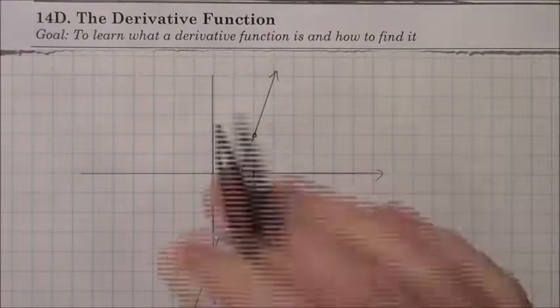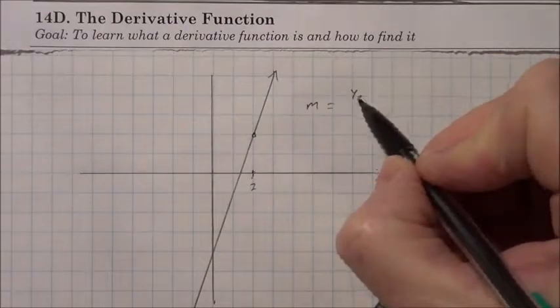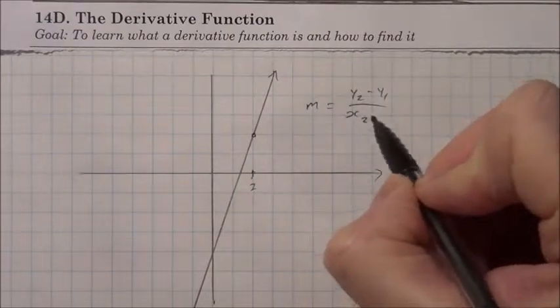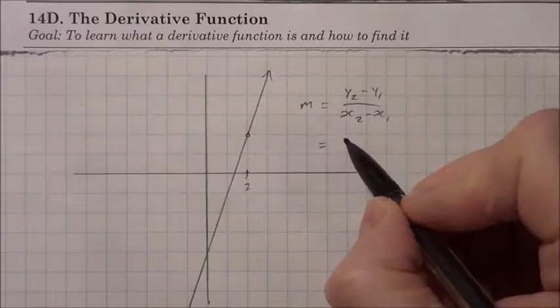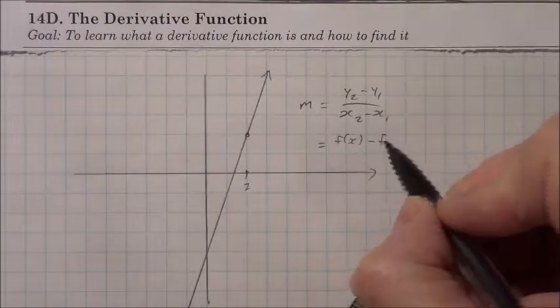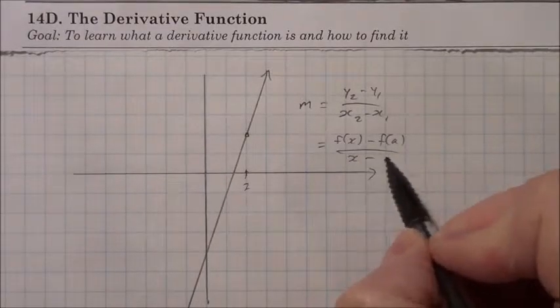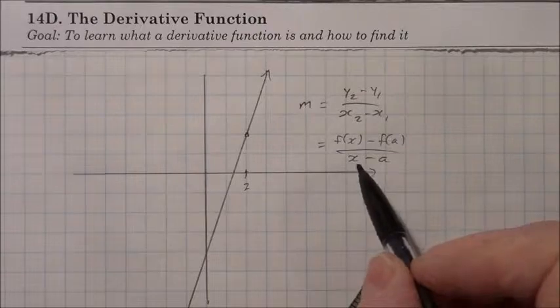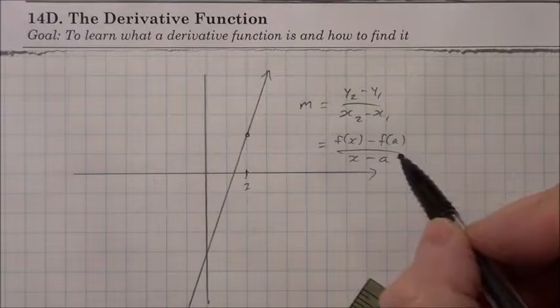And we did the whole process of using the gradient, y2 minus y1 over x2 minus x1, and we used f of x minus f of a, some specific point, all over x minus a. So some point f of x and x, and f of a.